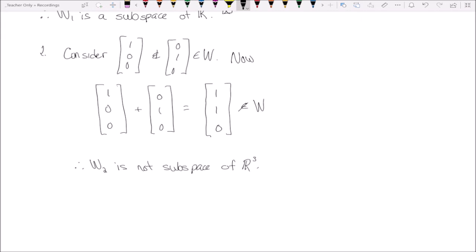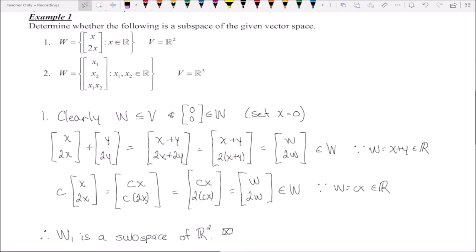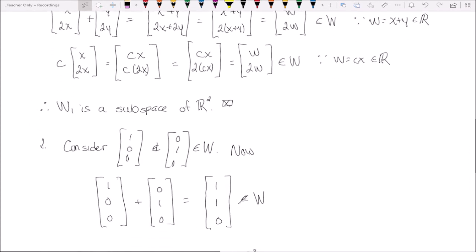of R3. Right, so when you look at problems like this, you have to first decide, is it a subspace or not? If it is a subspace, you have to show that the three conditions are satisfied, right? It's a non-empty subset, closed under addition, closed under multiplication. If you think it's not a subspace, as in case 2, then you must provide a counterexample.